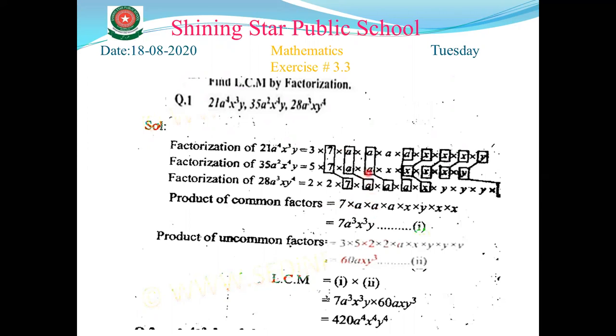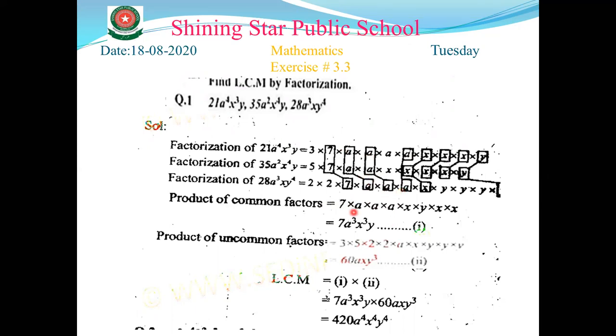This second a is present in all the terms, but the third a is present in only the first term and last term. But it can be present in 2 terms, so it can be taken as common. So it means in LCM we can take common all those factors which are present in any 2 terms.